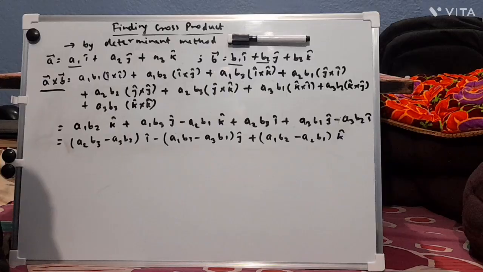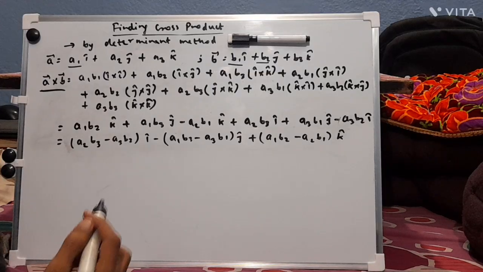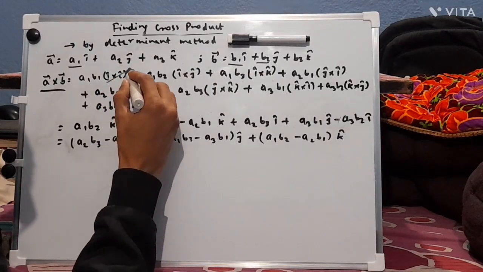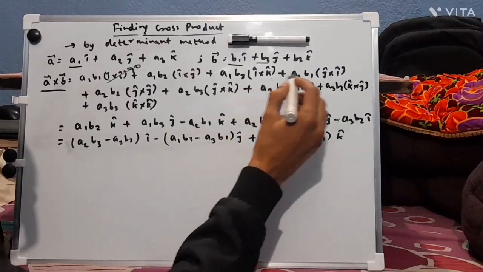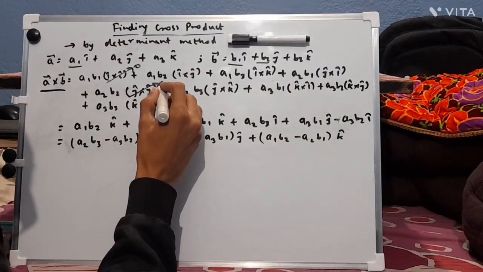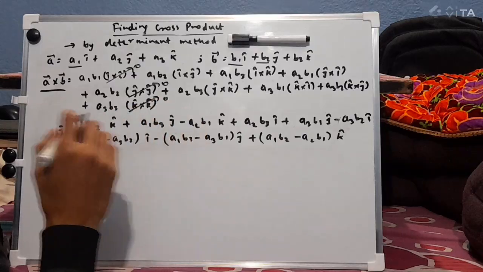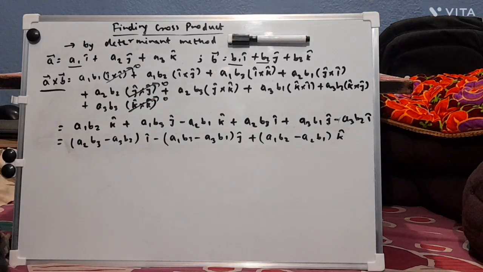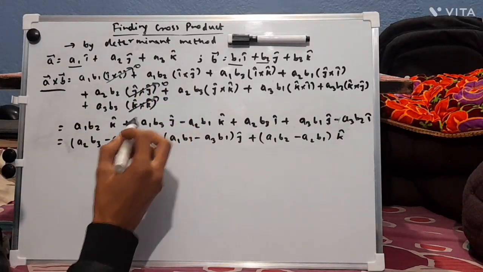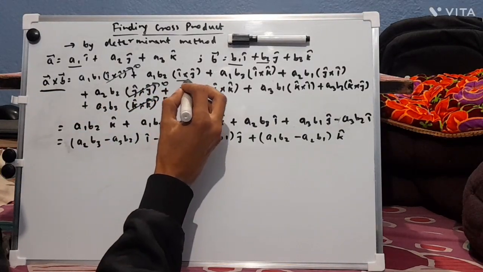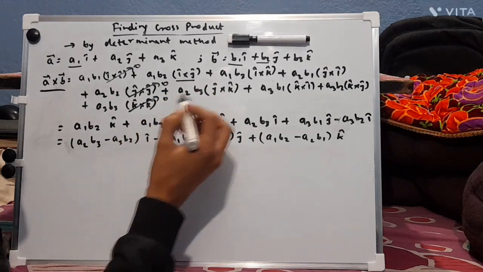So we have talked about some important results in which we found that i cross i would result in 0. The similar ones will result in 0, so these will be cancelled out. The only remaining will be 6 terms. So these 6 terms will be a1 b2 i cross j, and we found that i cross j gives us k cap.